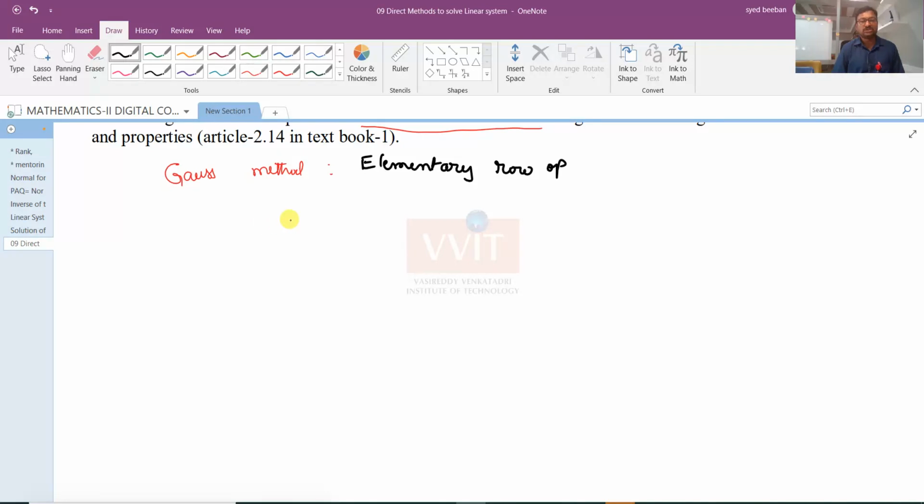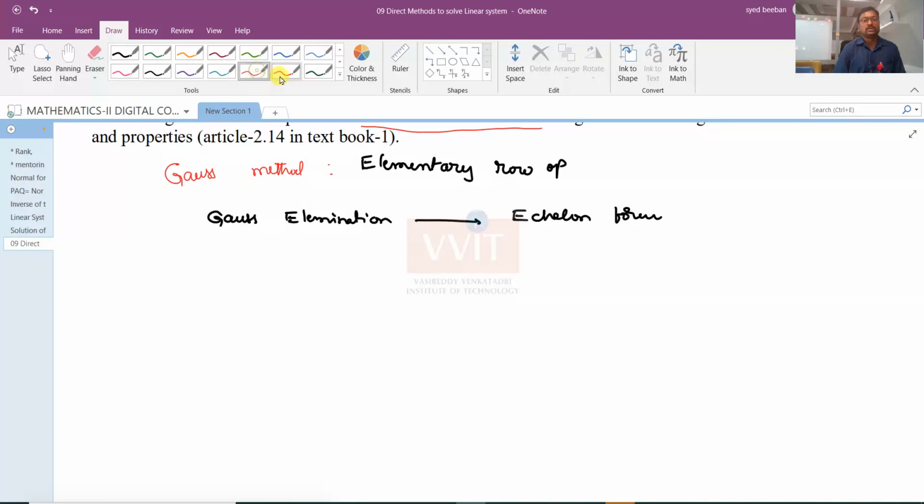Then what's the major difference here? Suppose I go with Gauss elimination, the output will be echelon form. I need to try for only echelon form.